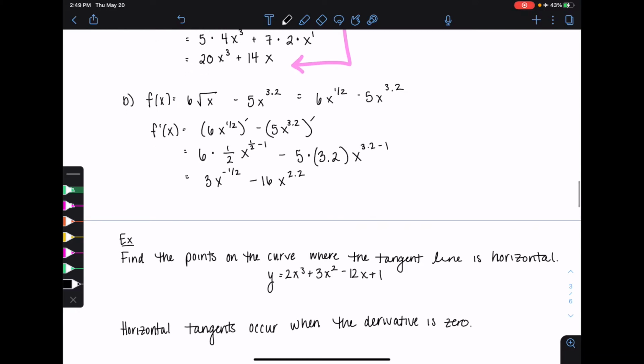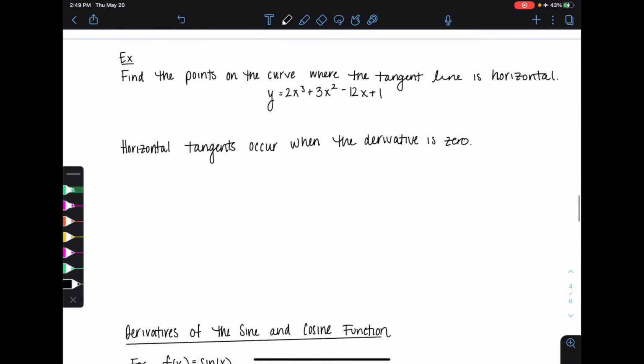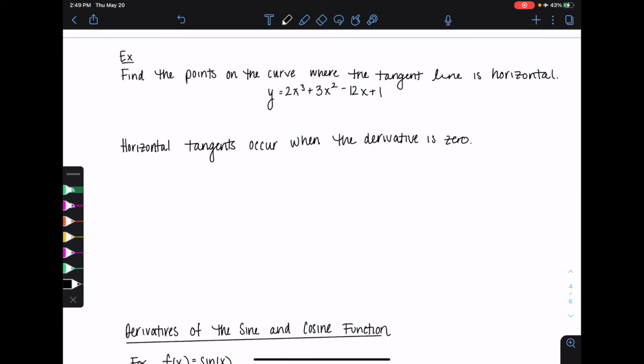So let's try another example. Let's find the points on the curve where the tangent line is horizontal. And really, if you have a horizontal tangent line, your derivative is going to have to equal 0. So we want the derivative of this function to be 0. Well, I'm just going to apply a bunch of power rules.